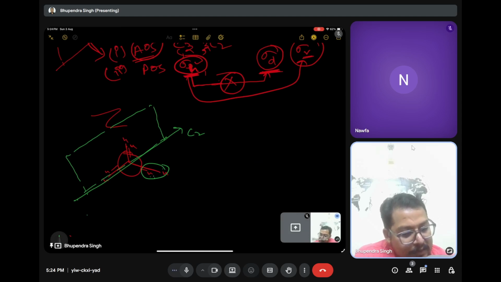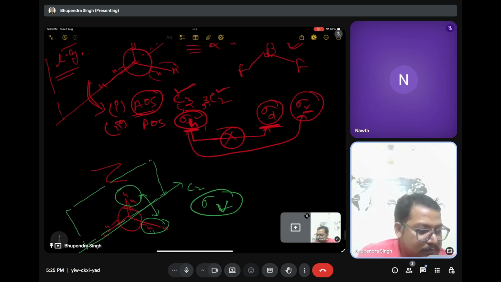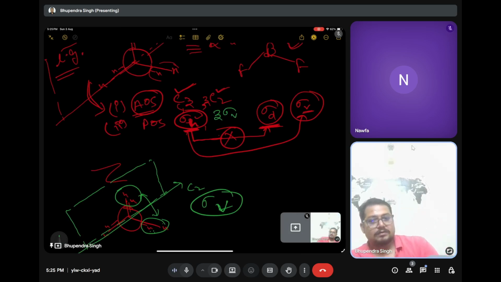This will go here, and you will get the equivalent orientation of the molecule. So sigma v is present. How many sigma v's are present now? 3 sigma v's. This I have already told you.